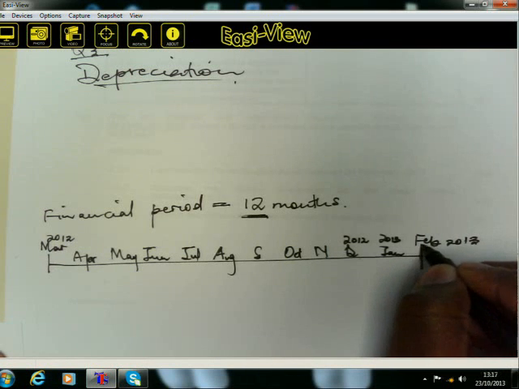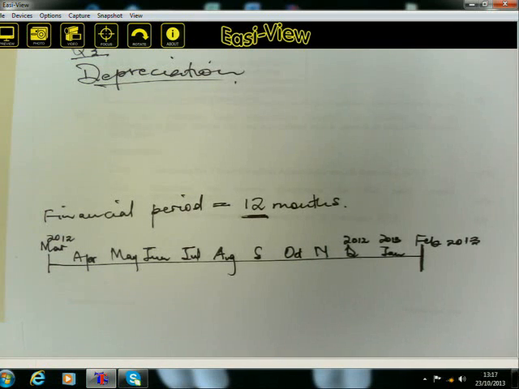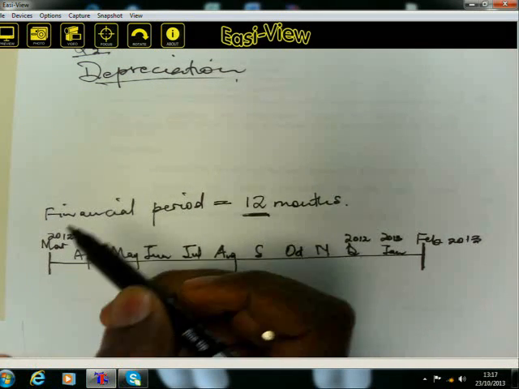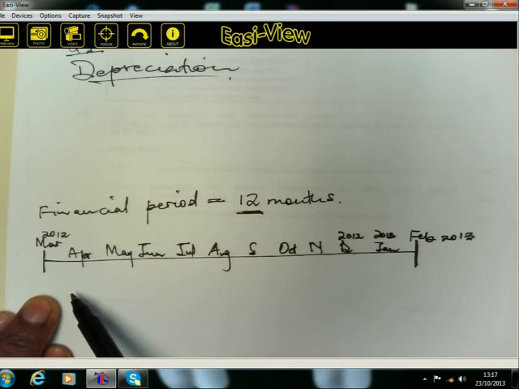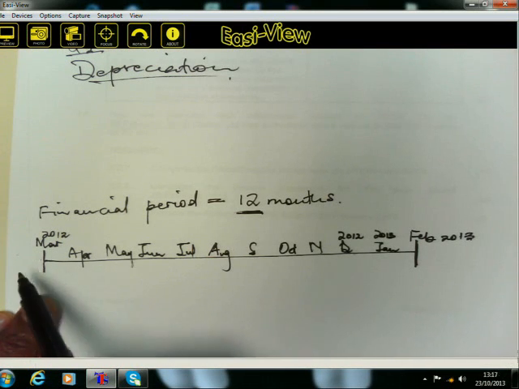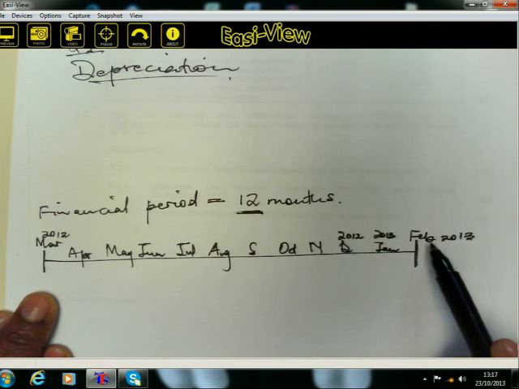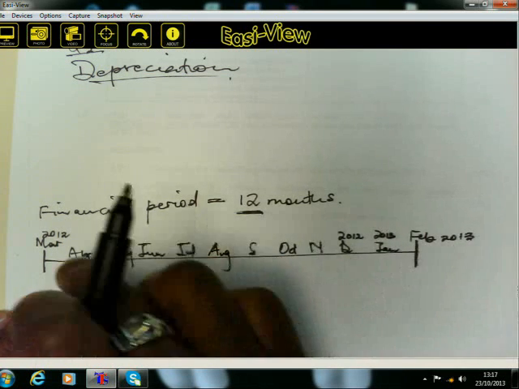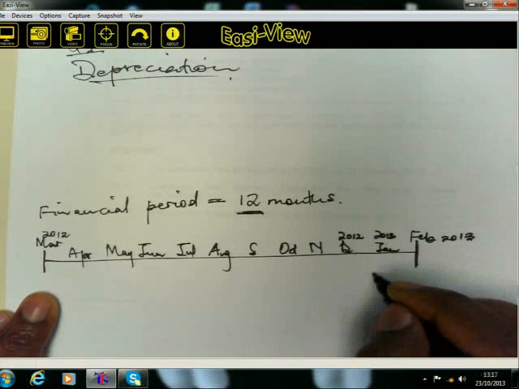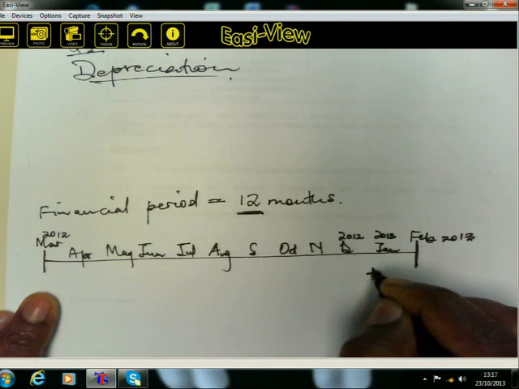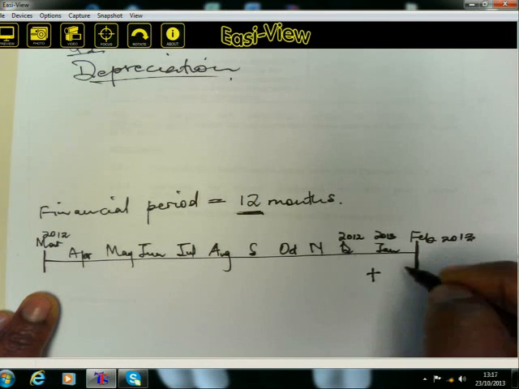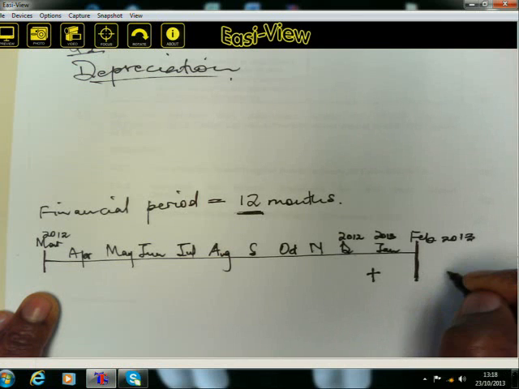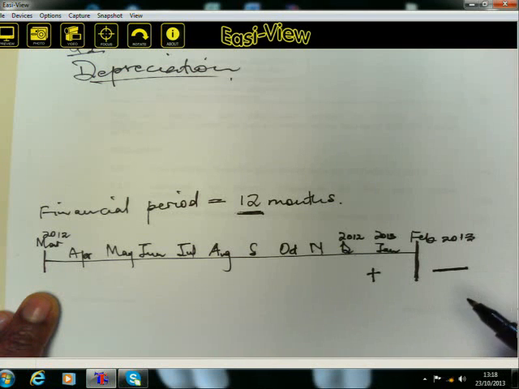Let us get this information. For whatever date is given in the adjustment from March to January or February 2013, whatever date is mentioned up to this point, that means the information for that one will be added. It is at the right time, as the matching principle says. And for whatever we have beyond February, it has to be subtracted because it will be for the next financial period.